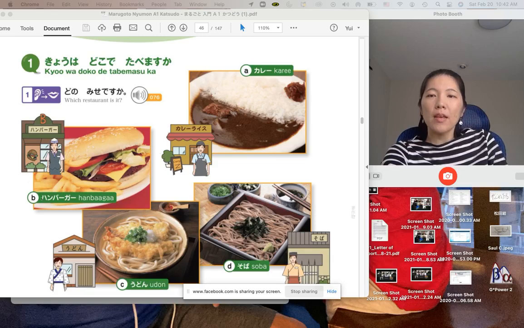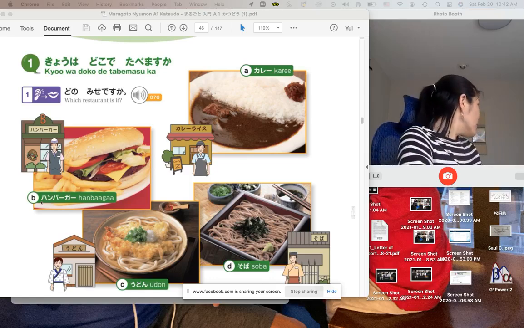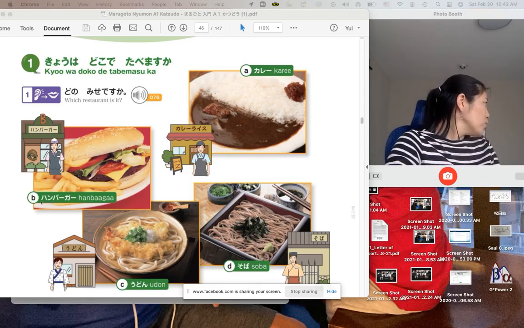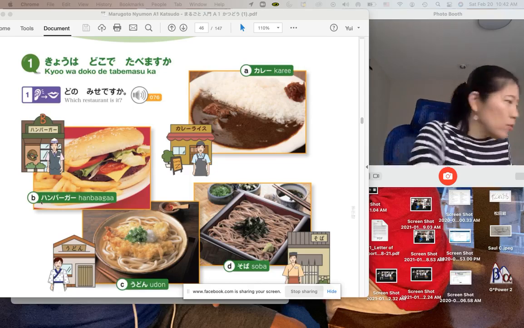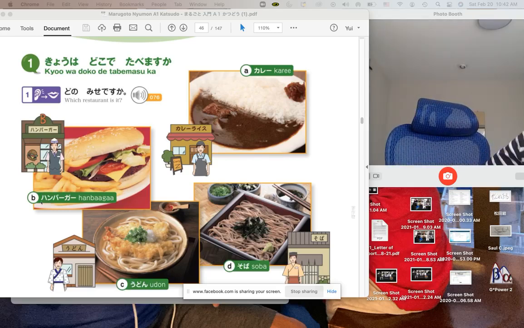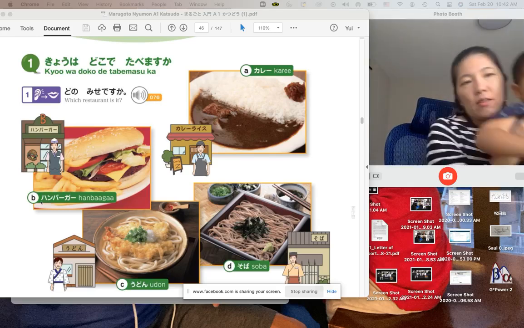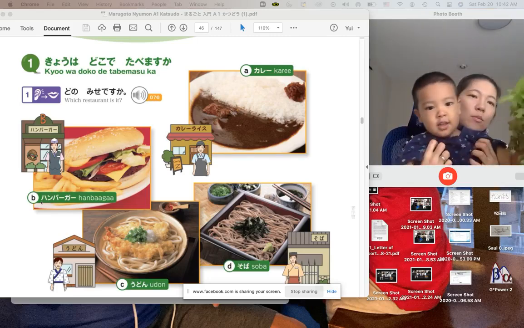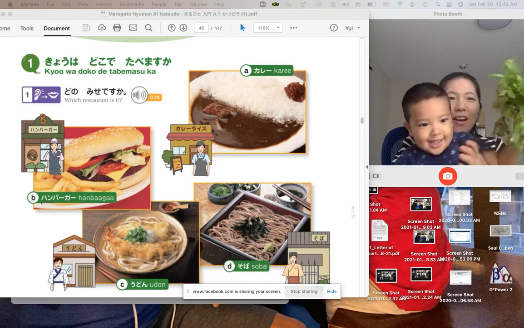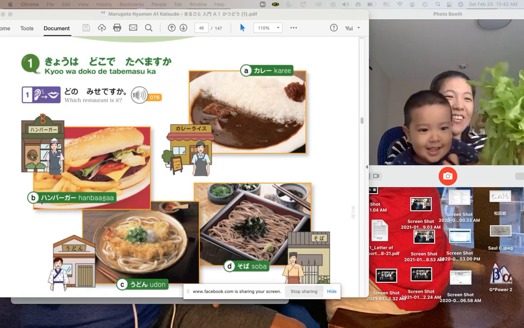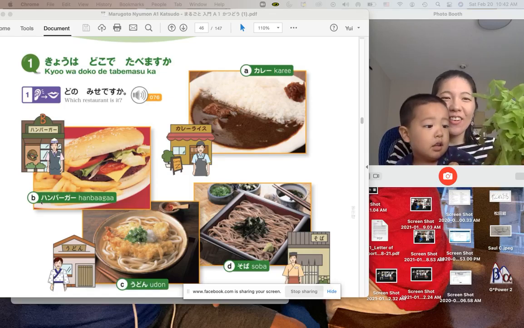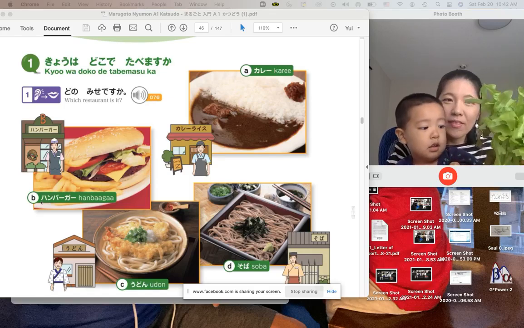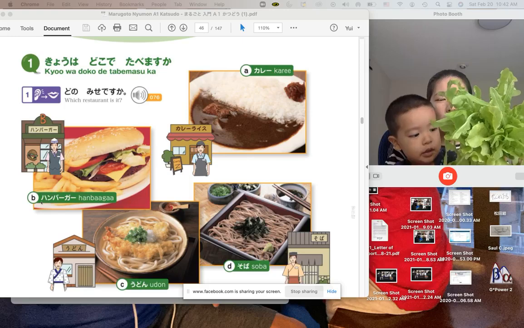The B is ハンバーガーを食べます. You can see that we have a lot of different kinds of food.